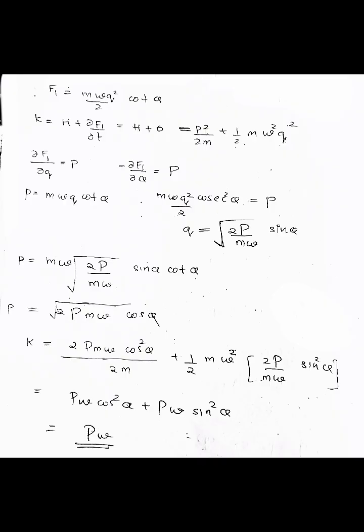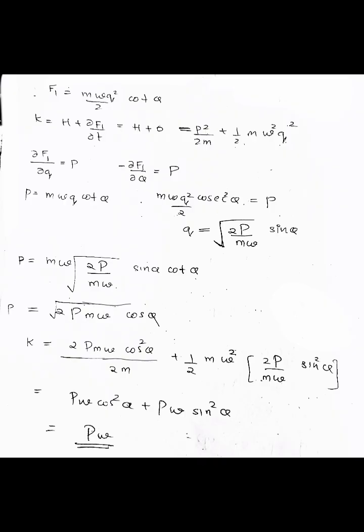So that is small p = mω. Substituting the value of q in this small p, we get p = mω square root of 2P/(mω) sin Q cot Q. That is small p = square root of 2Pmω cos Q. That is K = 2P mω cos²Q/2m + ½ mω² 2P/(mω) sin²Q.